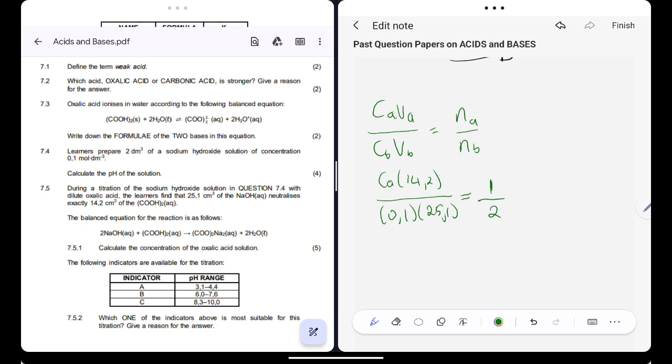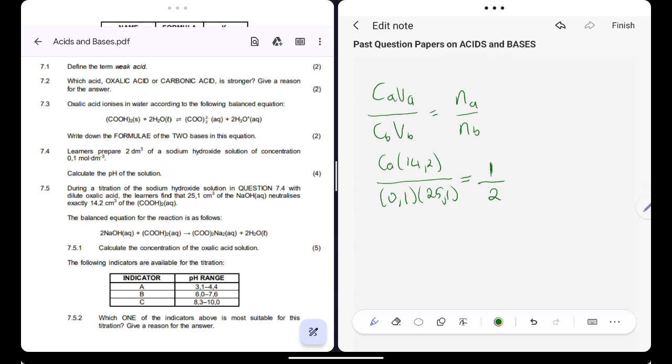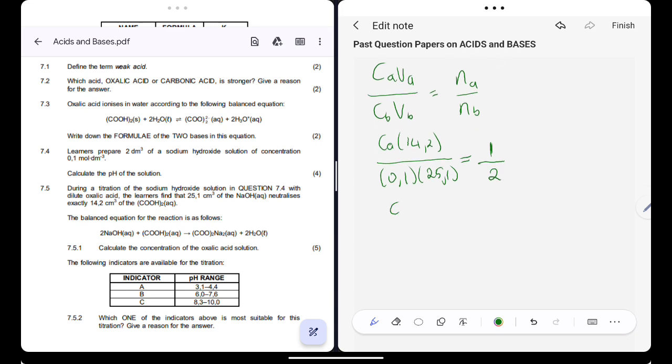So all I need to do now is to just calculate the concentration of the acid. I'll obviously do my mathematical gymnastics, and then let me see. I'll simply say 0.1 multiplied by 25.1 all divided by 14.2 multiplied by 2.